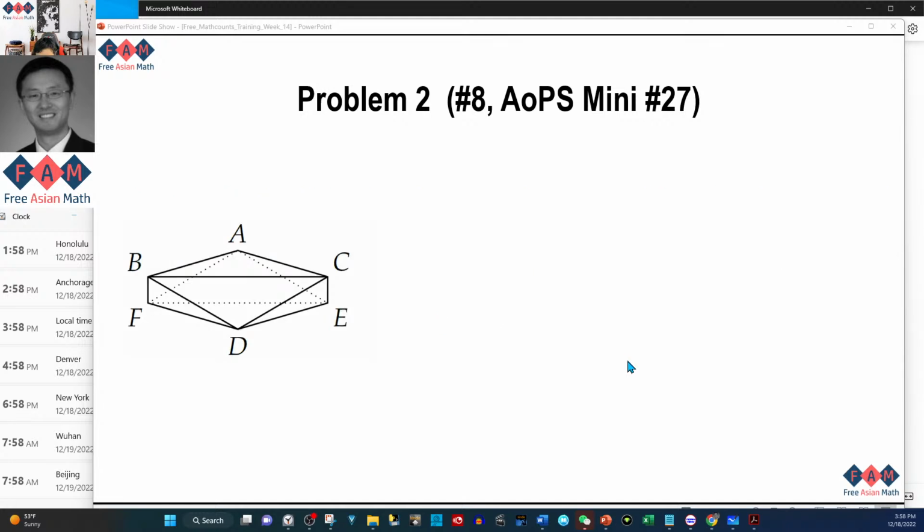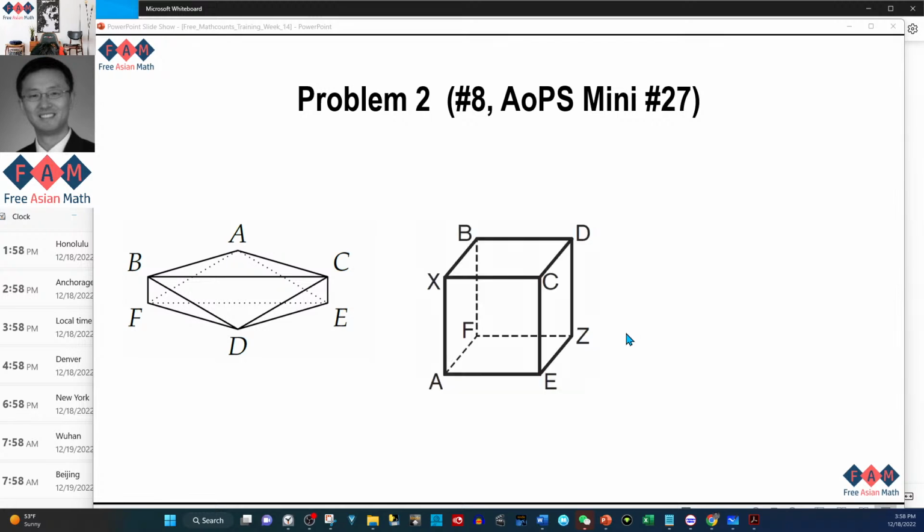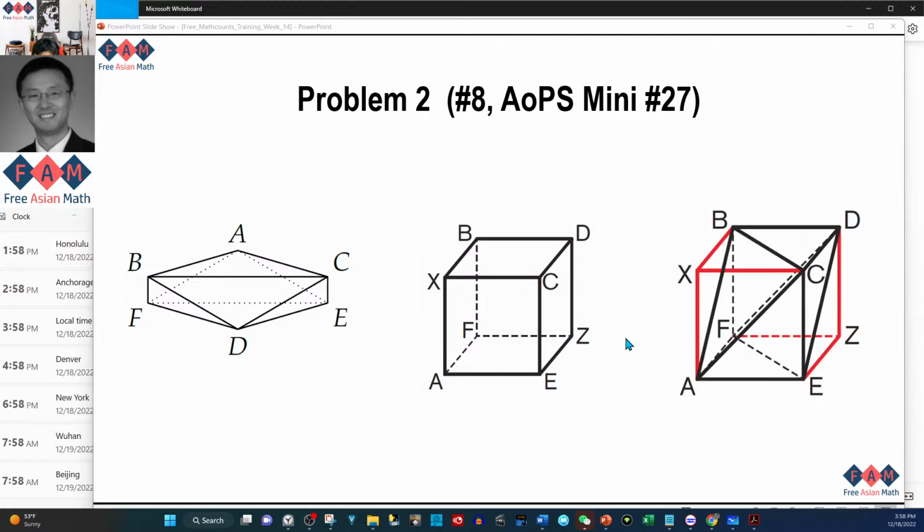So as it turned out, the actual figure should be something like this. You have a cube, okay? Then you cut off 2 big corners. The corners are not tiny corners, but huge corners.